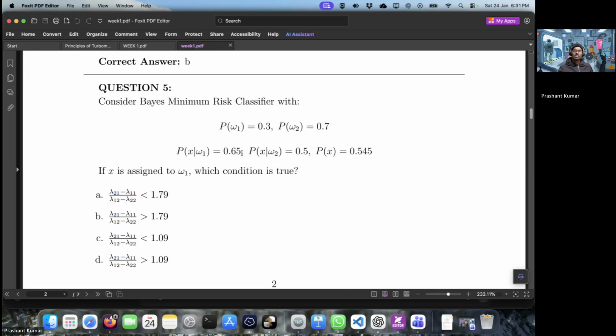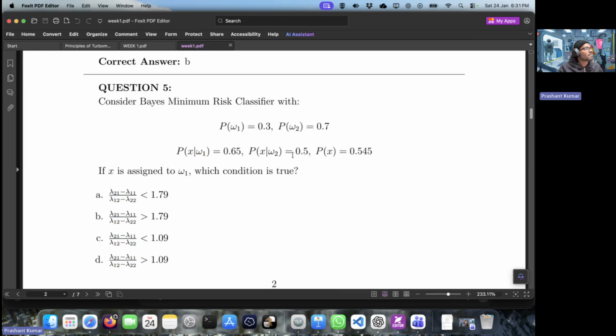So 65 into 3 by 7 into 50. I'm getting confused, so basically it's 65 by 50.